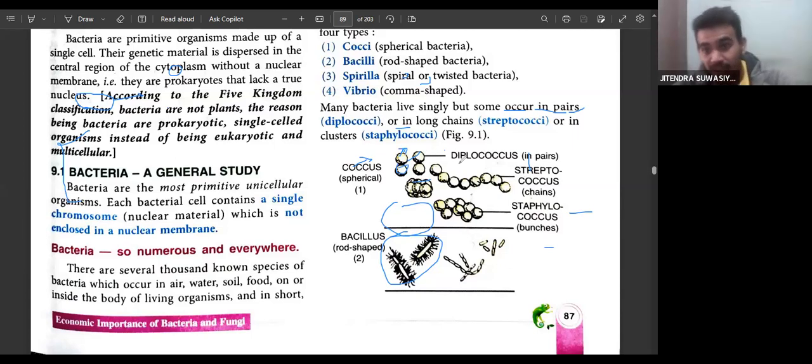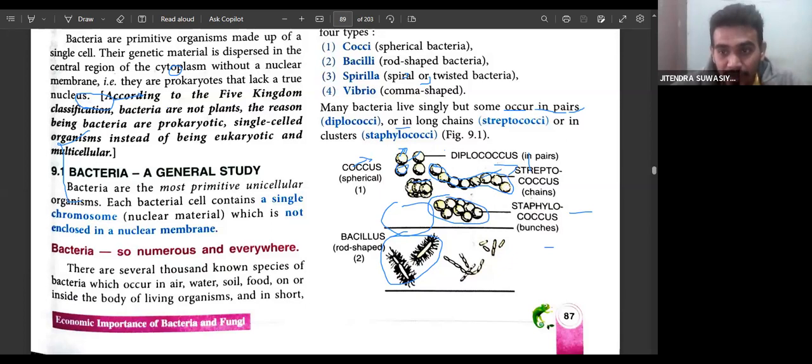If they live in a long form, where one coccus is attached to another and there are more than two, in the form of a chain, that is streptococci. If they live in clusters, living in bunches, that is staphylococcus. The spherical one is called coccus.